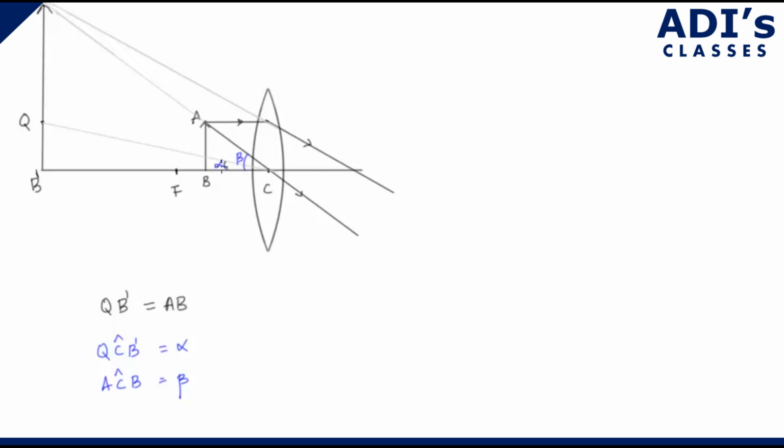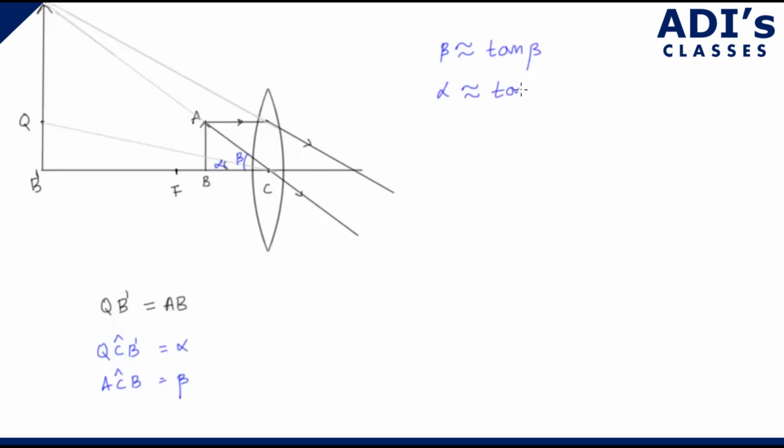When we talk about the magnification produced, it's nothing but the ratio of the angles, beta to alpha. Beta is the angle subtended by the whole length A dash B dash, and alpha is the angle produced by QCB dash, which is nothing but the length of the object. So the size of the image to the size of the object is the magnification, which is nothing but beta by alpha.